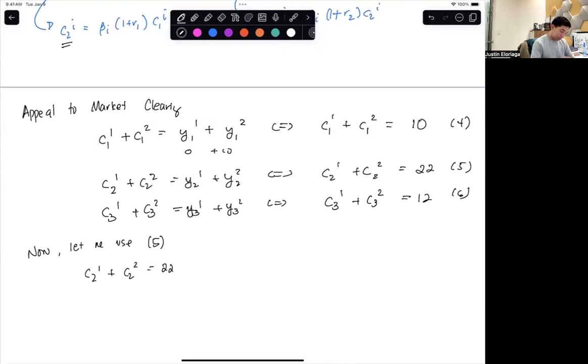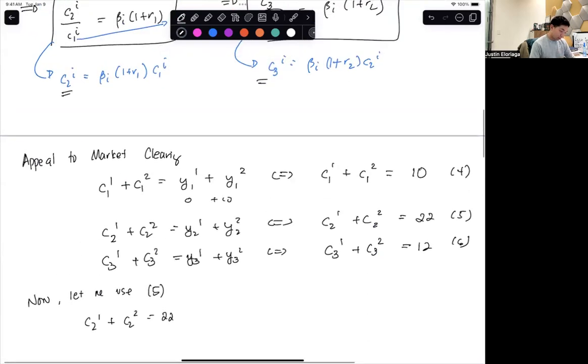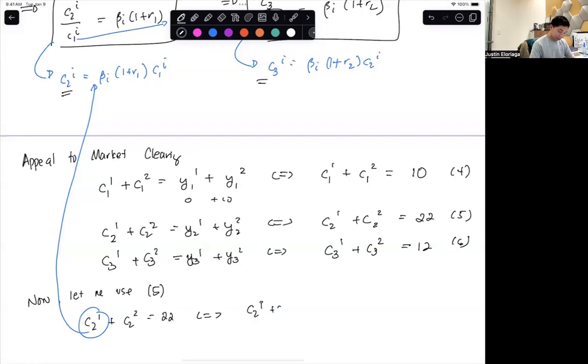Well, C21, based on this particular formulation here, I know must take this sort of form. So it means that C21 is equal to beta 1 times 1 plus R1 times C11.